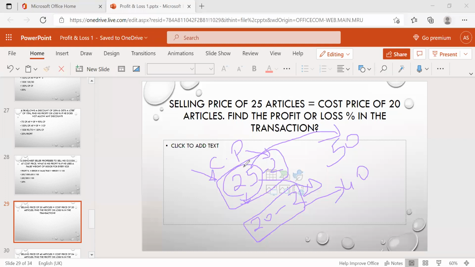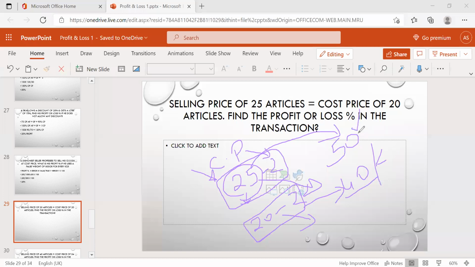After that, I sell the 25 chocolates for the cost price of 20. Cost price of 20 is nothing but 20 into 2, it is 40. So I sold all the chocolates at only 40 rupees. Actually, what's the initial cost price? 50, right? Now I sell them at only 40 rupees.